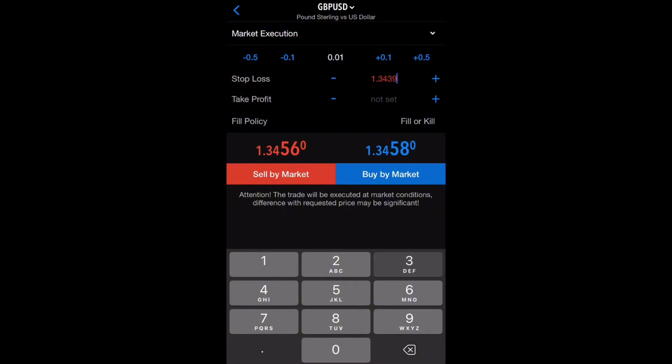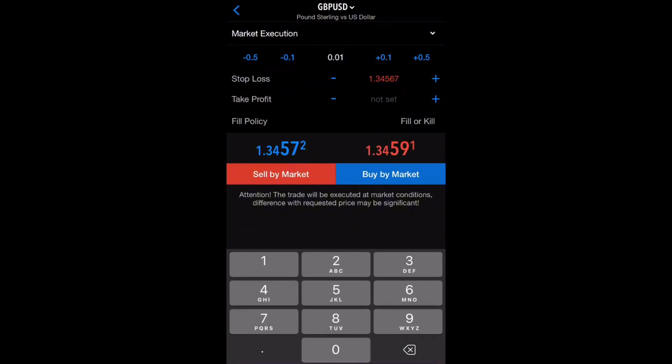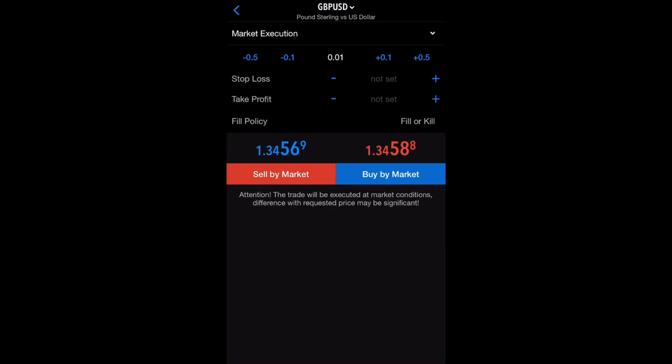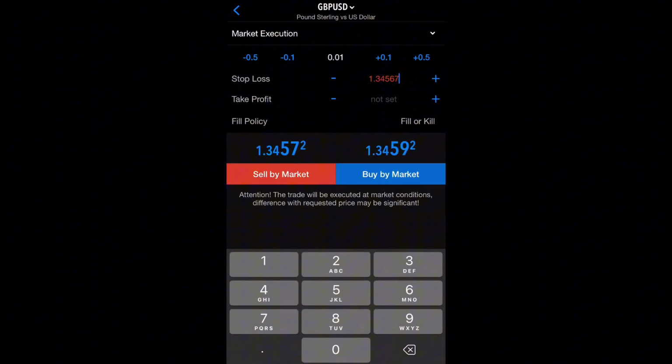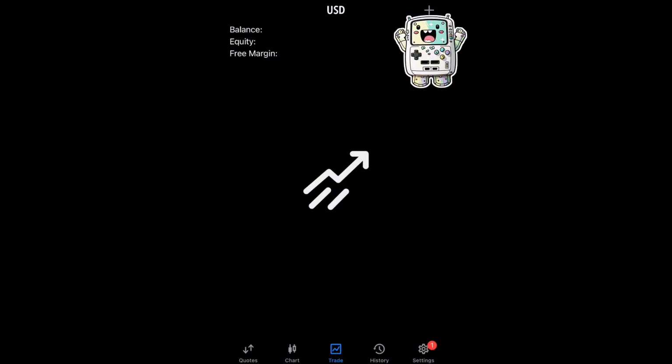You can place your take profit where your analysis of the market chart shows that this is where the market will head to, and that's where you want to take your profit and leave for the day. So this take profit will help you. Once you get to that place, it takes you off the market. Now this stop loss is like, if the market is not going in your favor, once it gets to that place, it's just going to take you off the market.